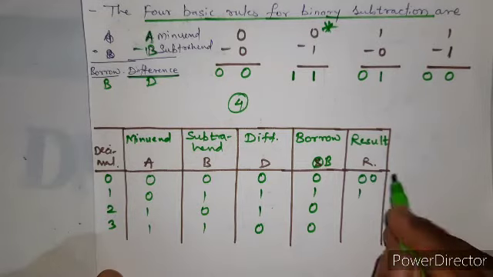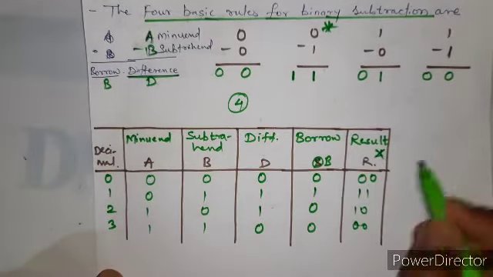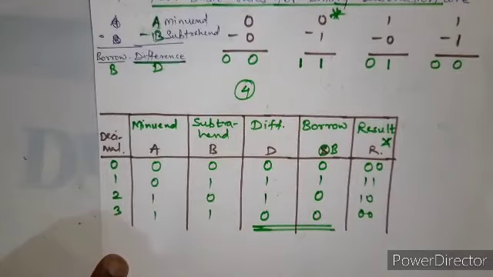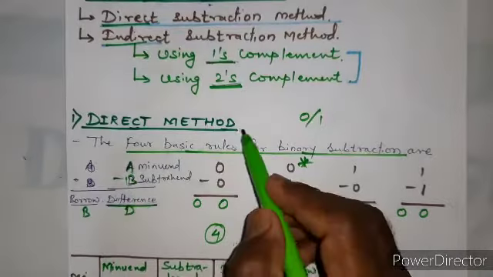We are not actually concerned about the result, but in terms of this borrow and difference it is important to understand. Okay, so these are the rules for the direct method.